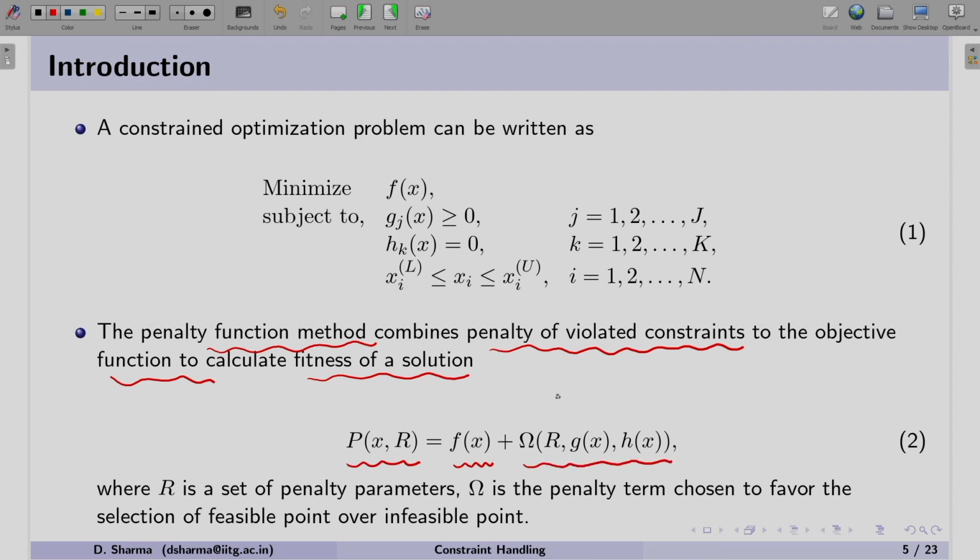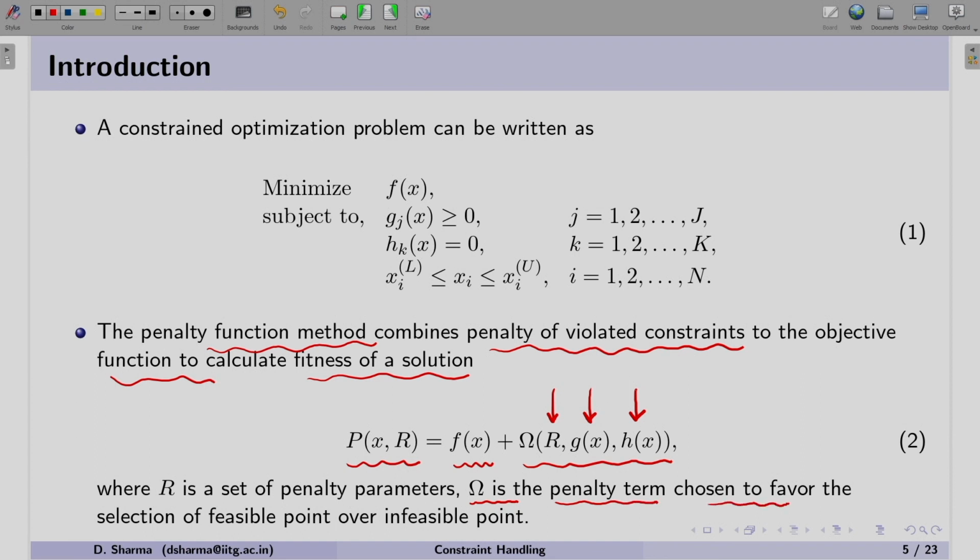This penalty term is made of the penalty parameter called r. We can have inequality constraints as well as equality constraints. In this case, we find this omega, which is the penalty term.